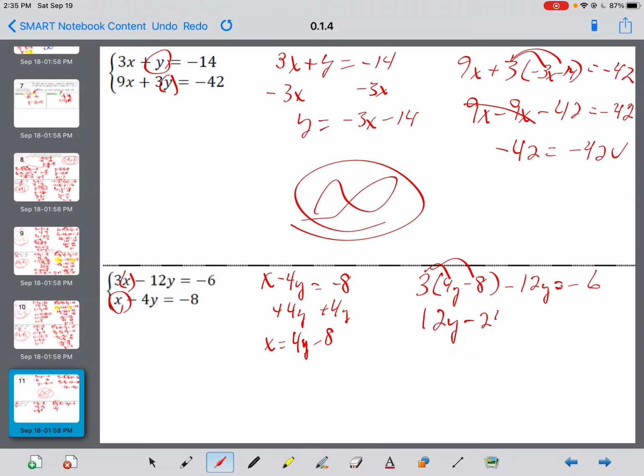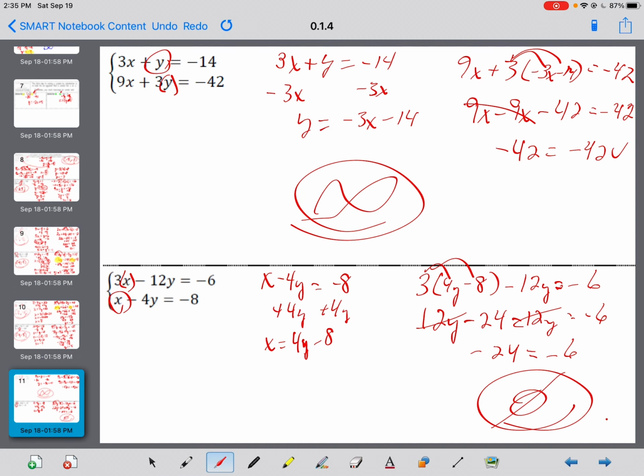Negative 24 minus 12y equals negative 6. 12y minus 12y cancels. Negative 24 equals negative 6. No, it doesn't. That's an impossibility. So, no, not equal. So there's no solution.